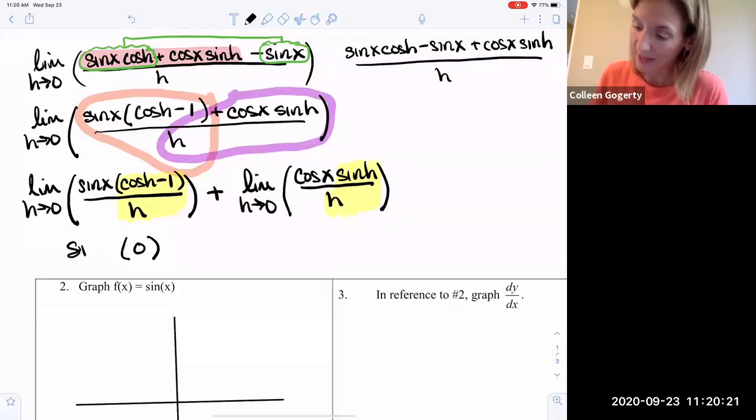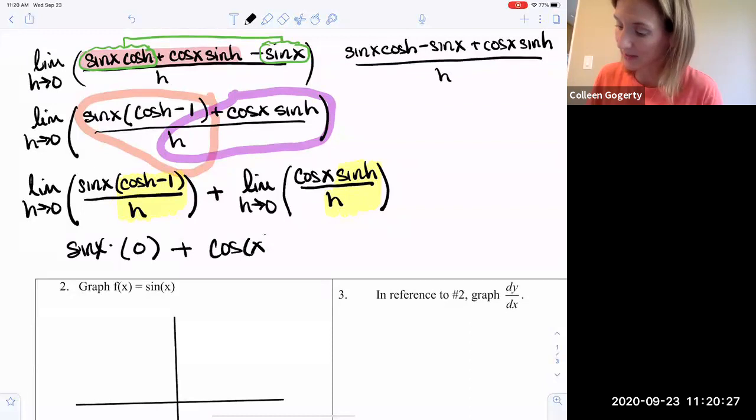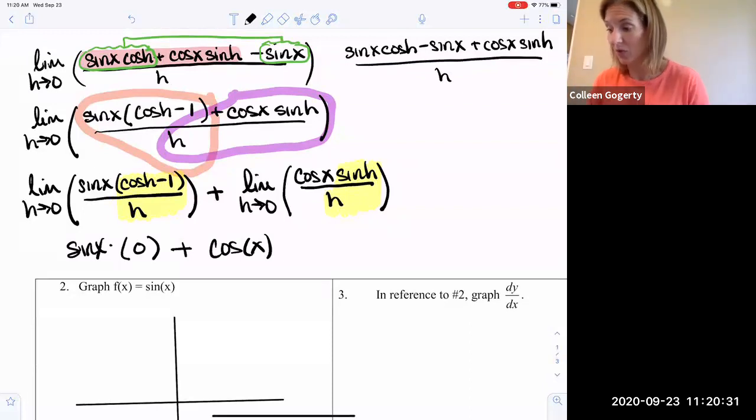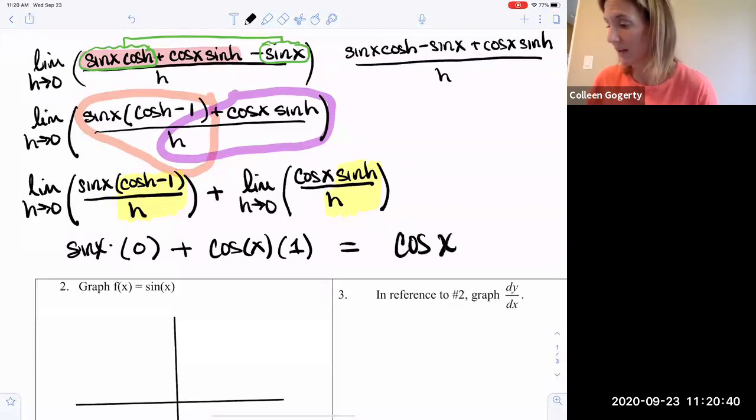So right now we'd have sine of x times 0, and then we're adding that to cosine of x times the limit of sine of h over h as h approaches 0, which is 1. So what we get from all of this is cosine of x.